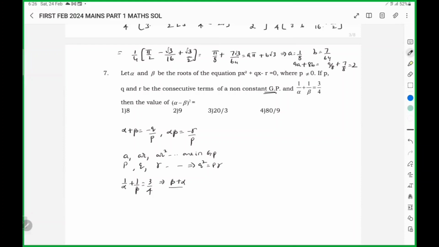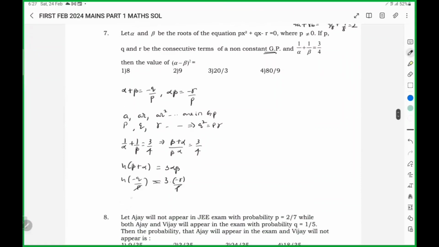Beta plus alpha by beta alpha is 3 by 4. 4 times beta plus alpha is 3 alpha beta. Alpha plus beta is this. Alpha beta is minus r by p. From here we get 4q as 3r. Now another relation what we have is q square is pr. Q here is 3r by 4.